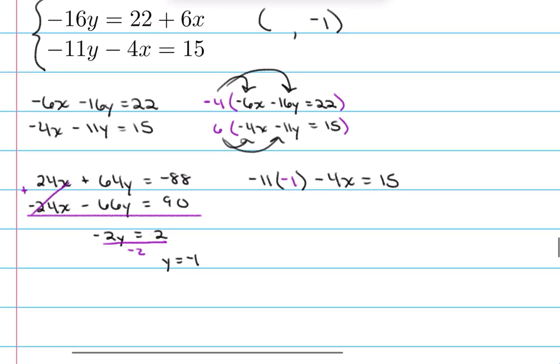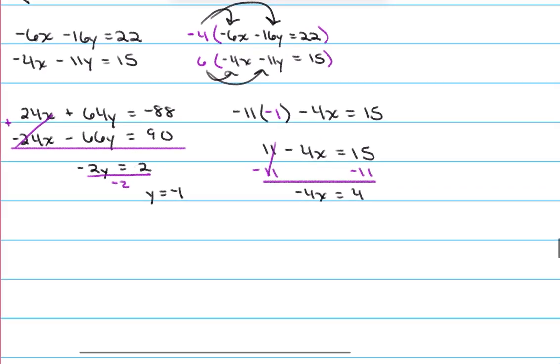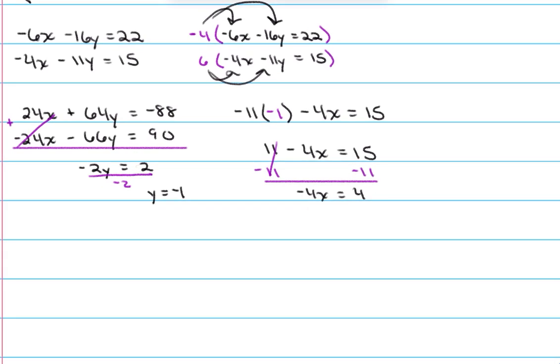Clean up and solve for my remaining variable. That's the x. So I end up with 11 minus 4x equals 15. Subtract 11 from both sides. I get negative 4x equals positive 4. Divide both sides by that negative 4, and my x also equals negative 1.